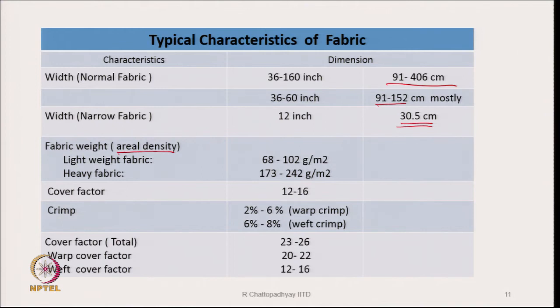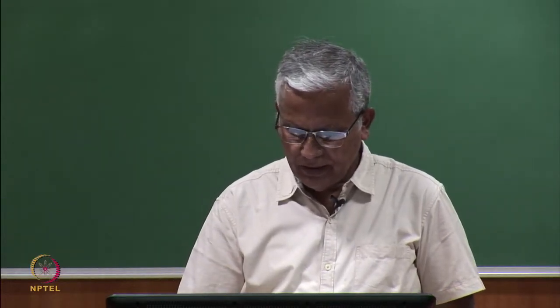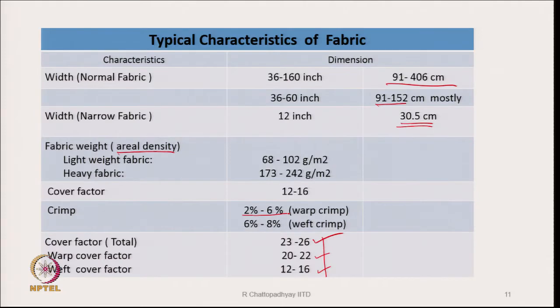Cover factor details are given here actually, that is total cover factor may typically be anything between 23 to 26, warp cover factor 20 to 22, weft cover factor maybe 12 to 16. So, that is the range in which cover factors of normal fabrics will lie, and the crimp value may also vary from fabric to fabric, but to get an idea the warp crimp could be anything between 2 to 6% and the weft crimp could be 6 to 8%.